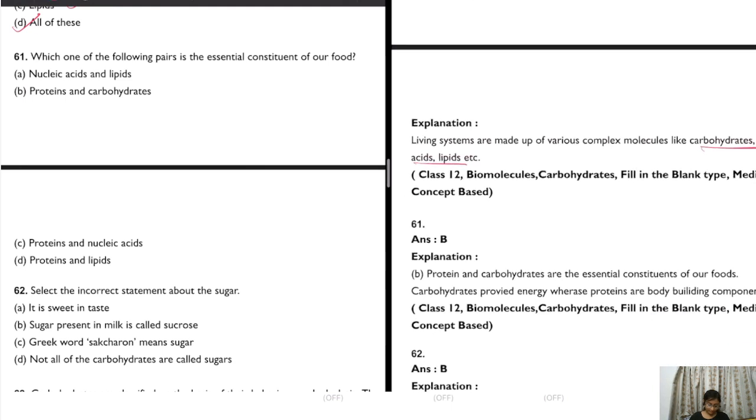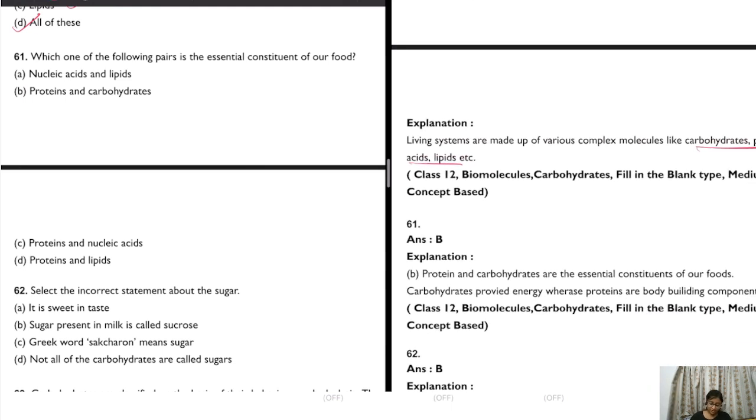Which of the following pairs is the essential constituent of our food? See, for our food, what do we need? We need energy and we need building blocks of the cells. Like the cell is replicating, it is functioning properly.